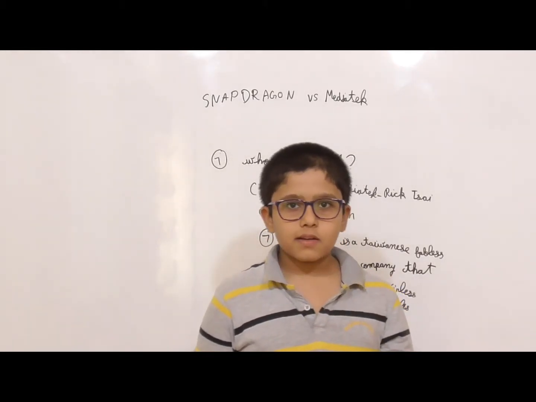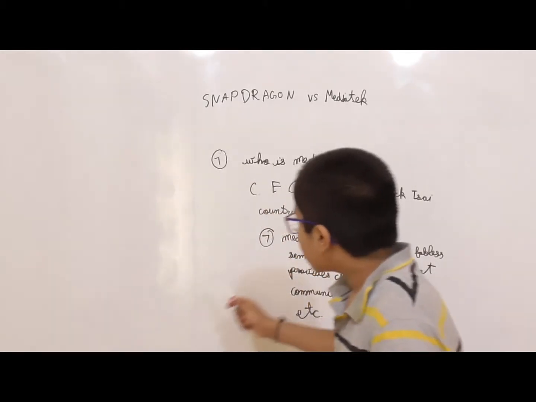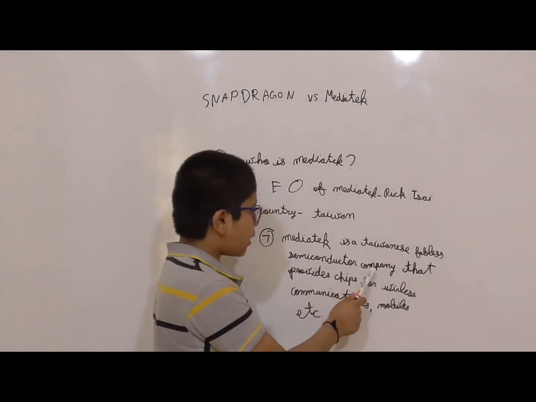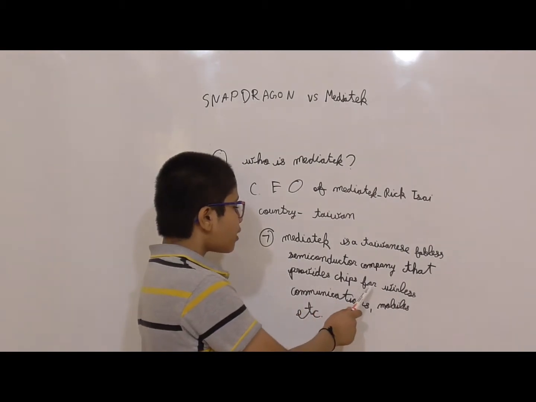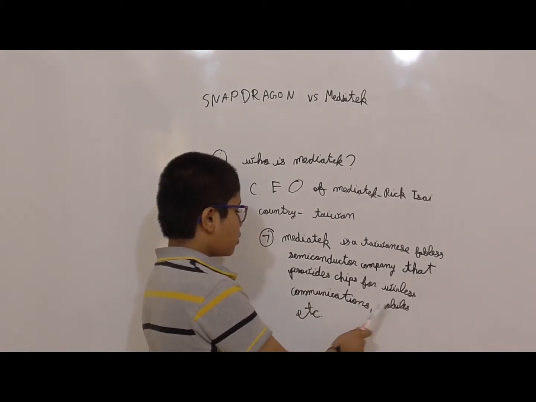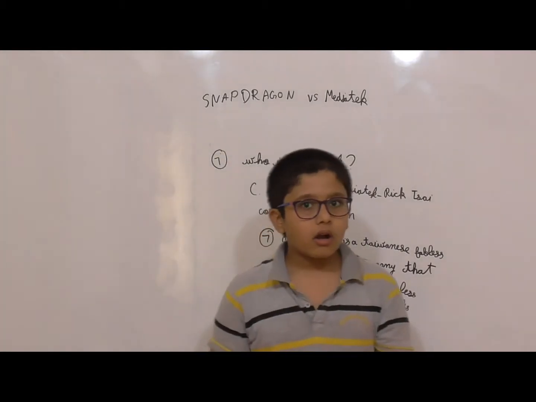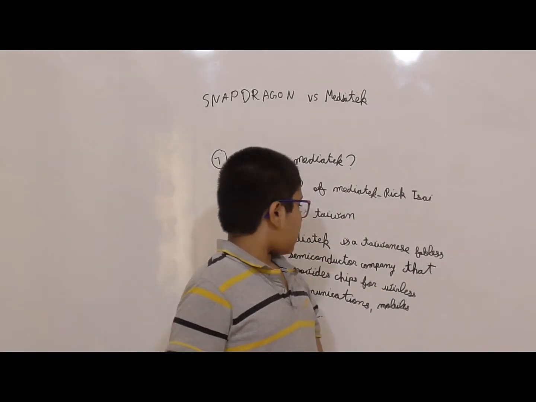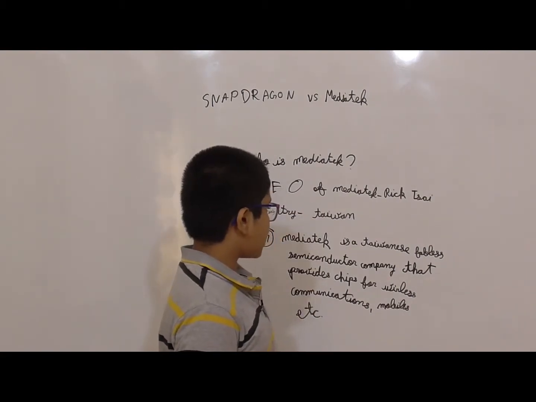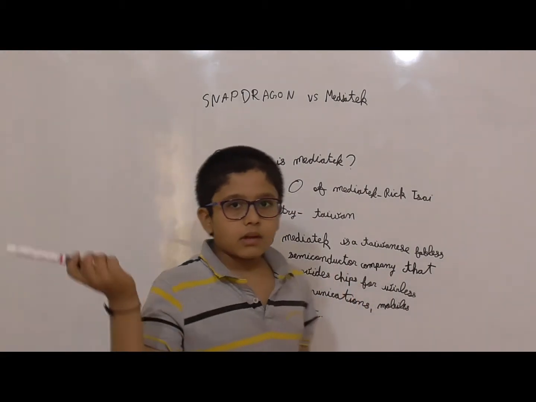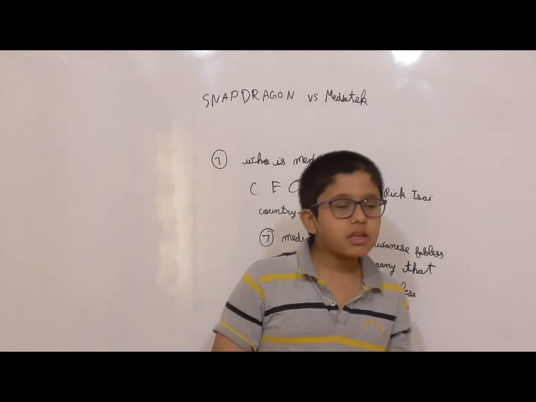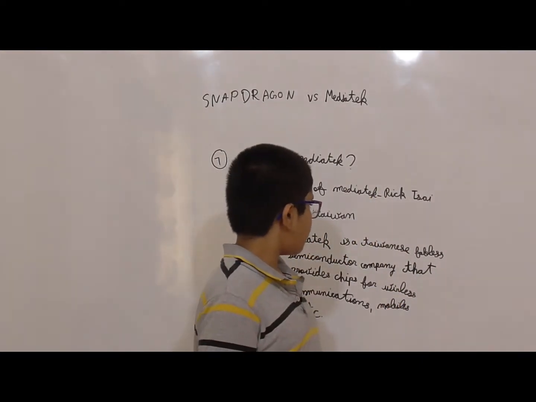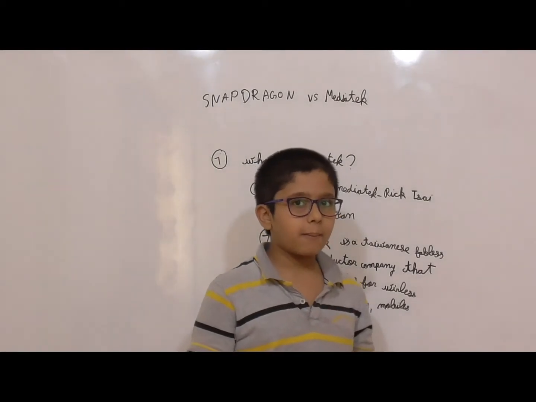So let's learn additional info about Mediatek. Mediatek is a Taiwanese fabless semiconductor company that provides chips for wireless communications, mobiles, etc. In Snapdragon it is called SoC; here it is called FSC, a fabless semiconductor company.